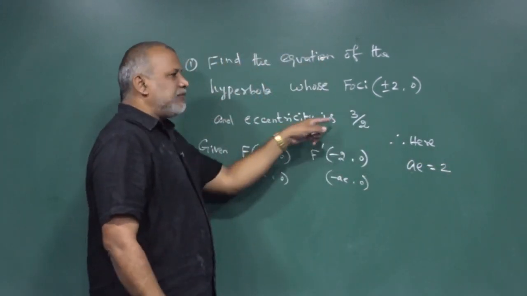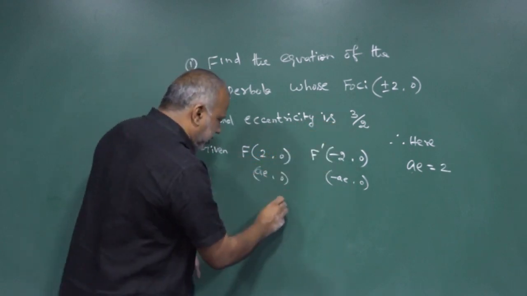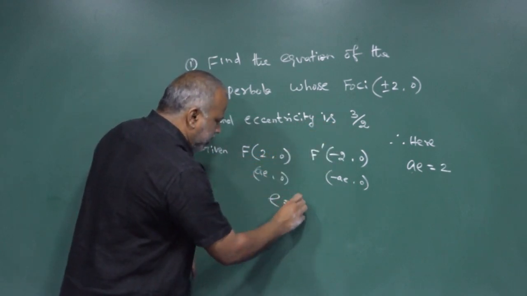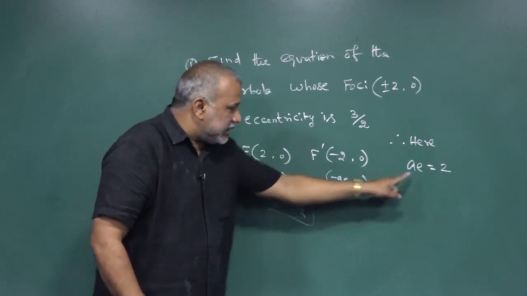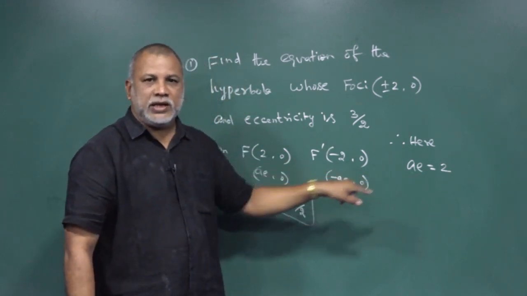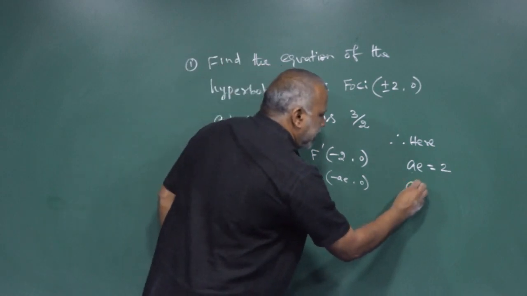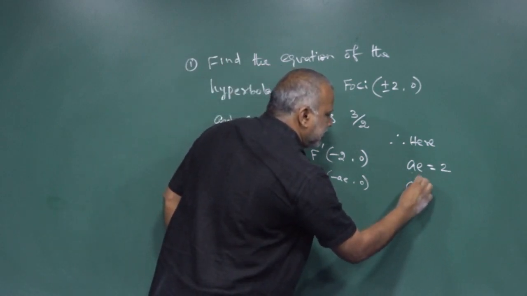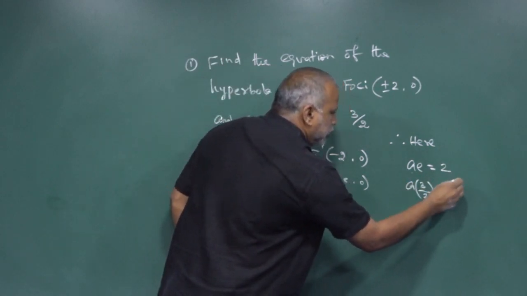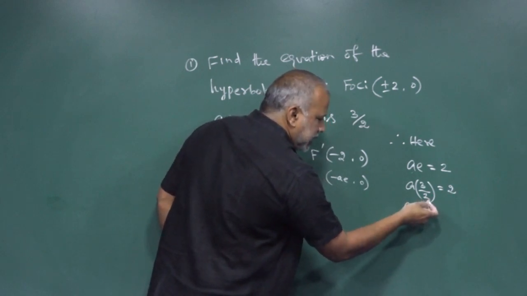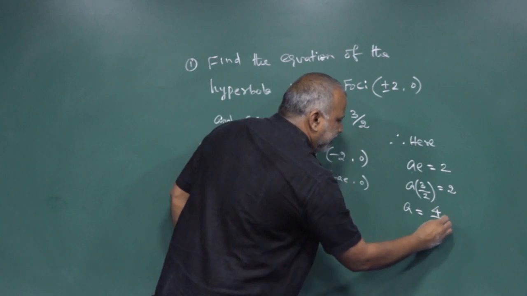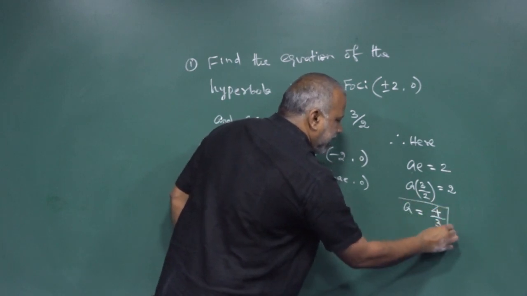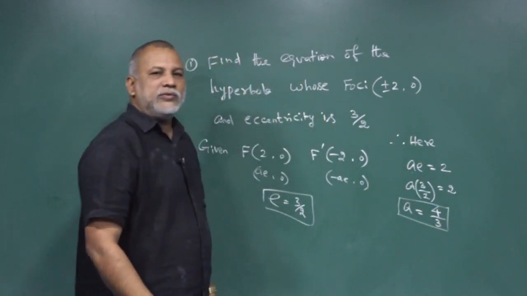In your question, eccentricity is given, so E equal to 3 by 2. Instead of E, I can substitute 3 by 2, so A times 3 by 2 equal to 2. Therefore, A equal to, by cross multiplying, 2 into 2 becomes 4 divided by 3. This is the value of A.